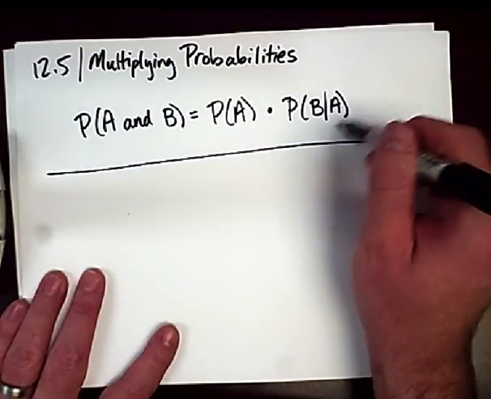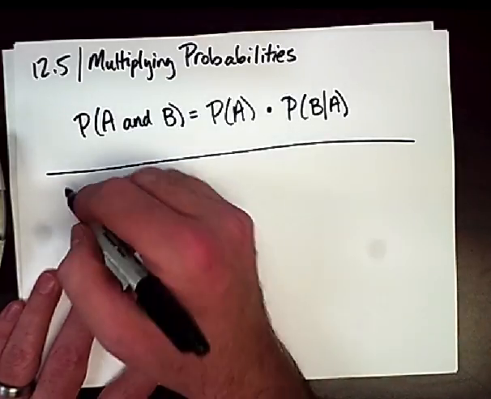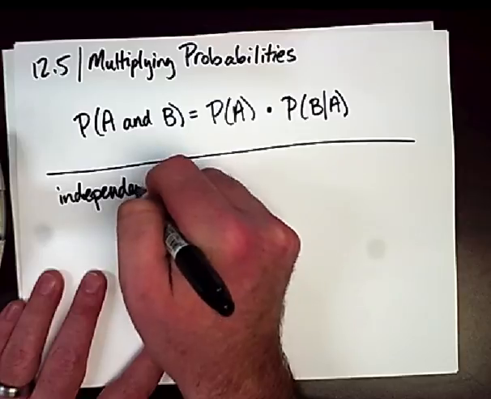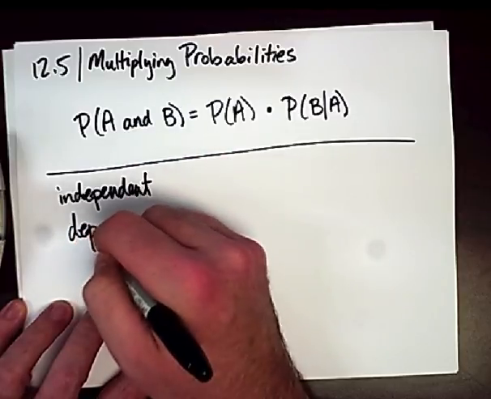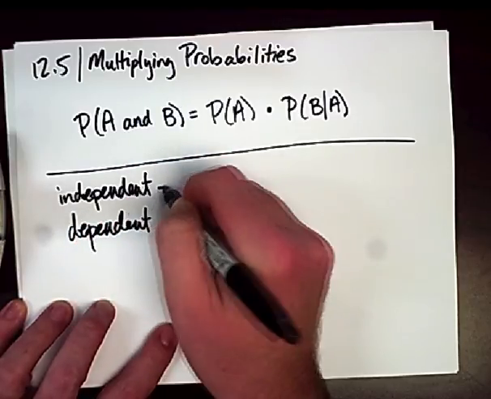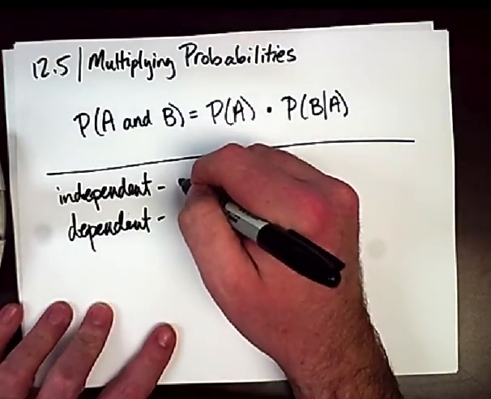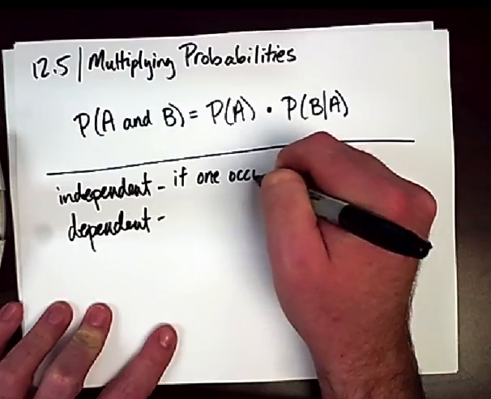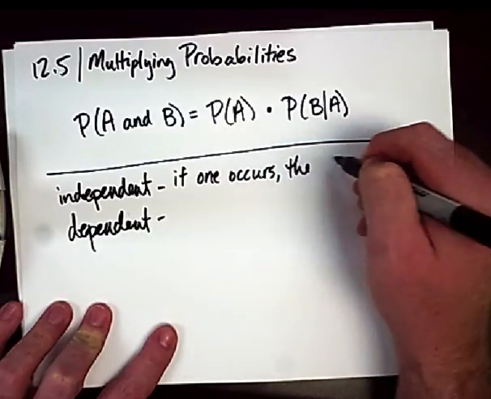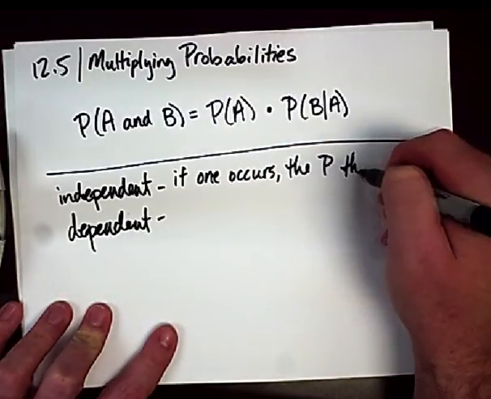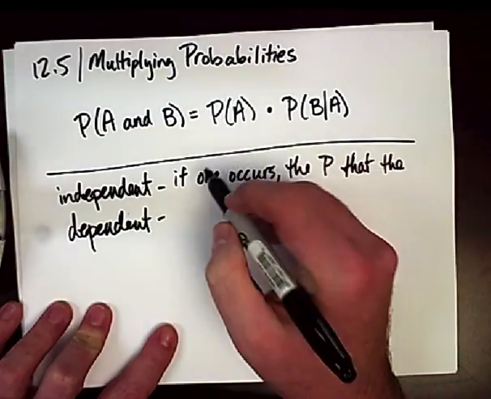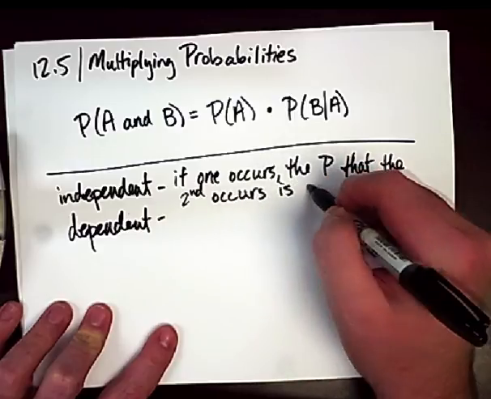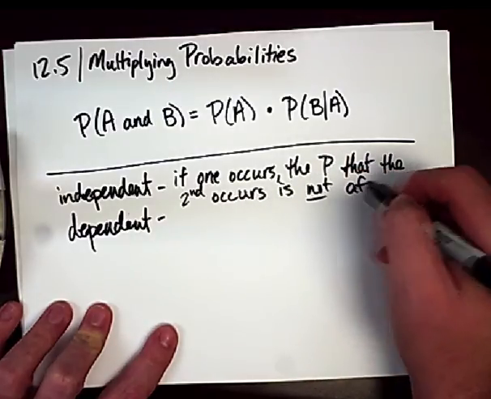Now, that may be a little confusing to you, but we have 2 types of events. We have independent and dependent. Independent events, if one occurs, the probability that the second occurs is not affected.